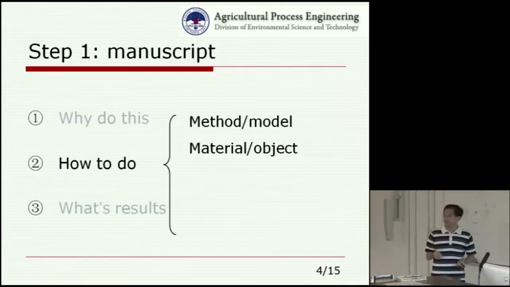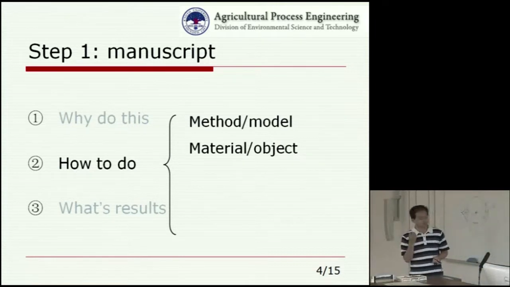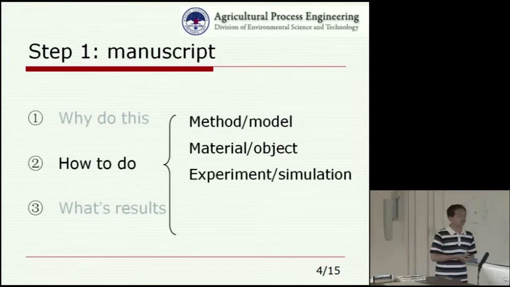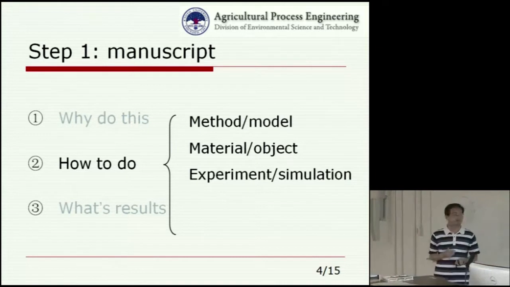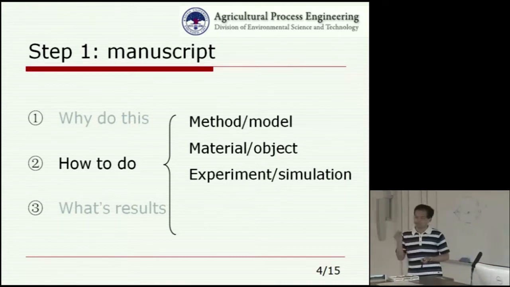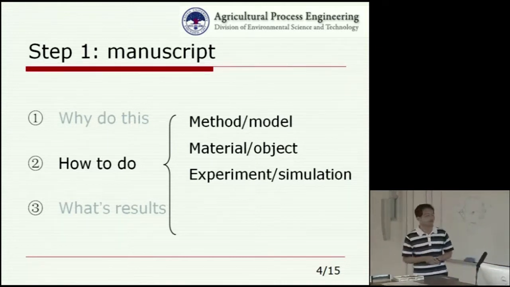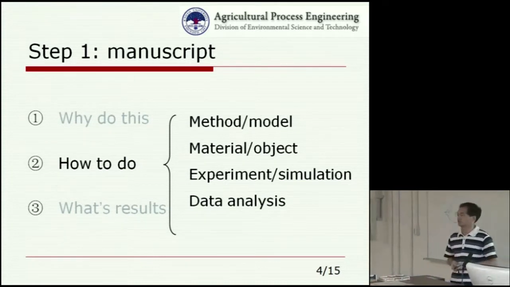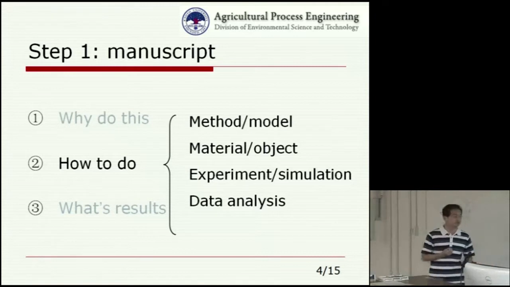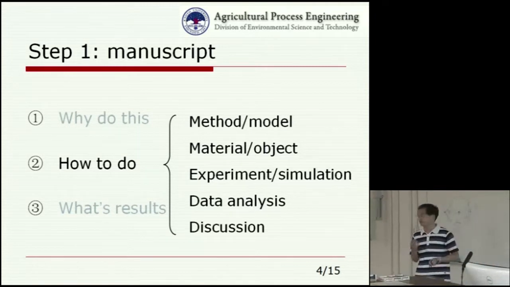And next, the object or material we used in our experiment. And then we come to the experiment or simulation. Some fields need simulation. Of course, after the experiment we get data, we need to analyze all of that and have discussion in detail.